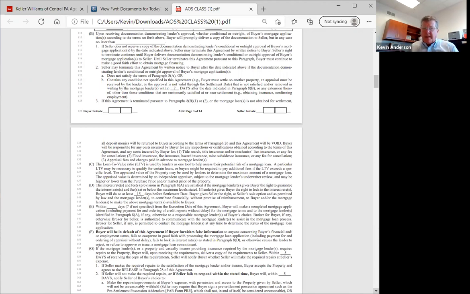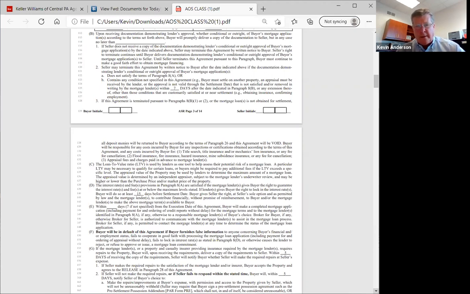Now here's something, again, we don't really focus on, but if the lender gives the buyer the right to lock in the interest rate, buyer will do so at least 15 days before the settlement date. That typically happens anyway. Buyer gives seller the right, it's seller's sole option, is permitted by law, and the lender to make contributions to make the mortgage work. We know that.